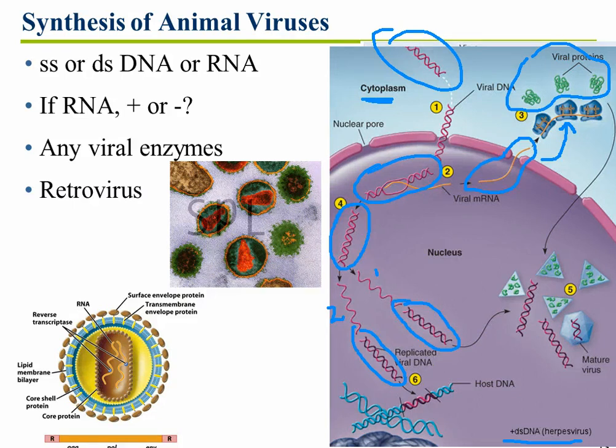Now we have 4 single strands, and those 4 single strands make complementary strands. Now we have 4 copies of genomic DNA, and then we can have 8, and then 16, and so on, however many viral structures are coded for. So here are all the components we need, the proteins, the capsid proteins, and the DNA, and there's assembly, and then of course the virus goes out of the cell.